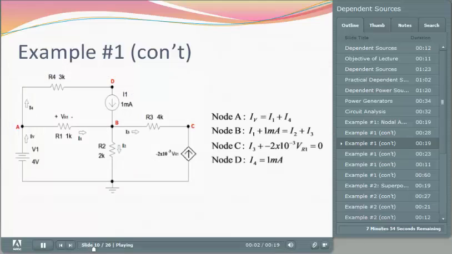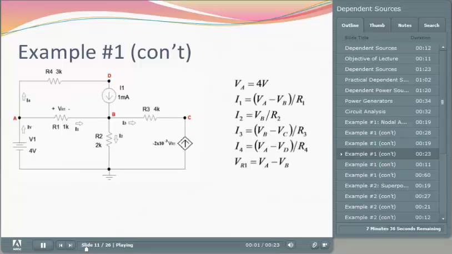I have decided to use nodal analysis to solve for the currents and voltages in this particular circuit and determine how much current is being produced by the dependent current source. To the right are the four node equations that I found using KCL. Next, using Ohm's law, we find a relationship between the current flowing through the components and the voltages at the nodes.